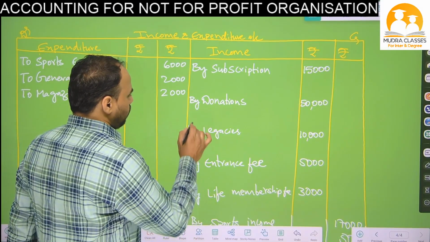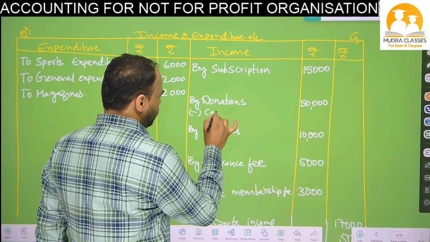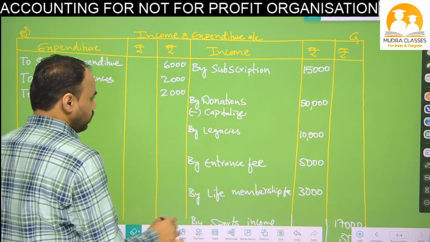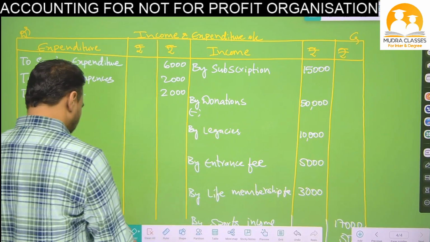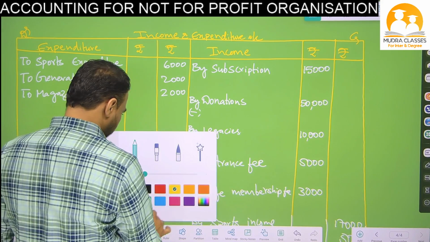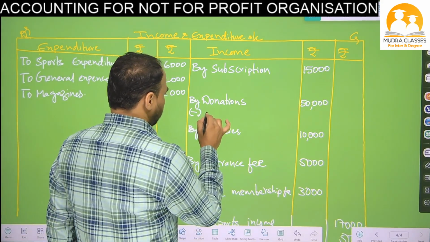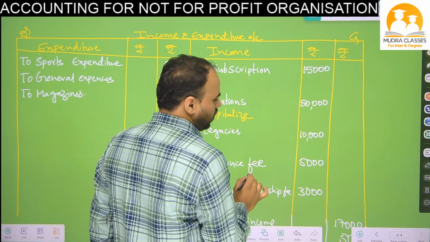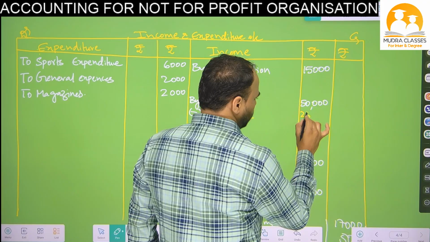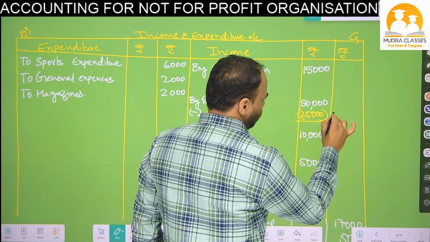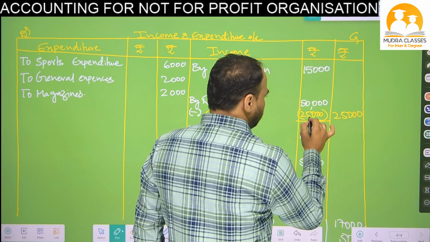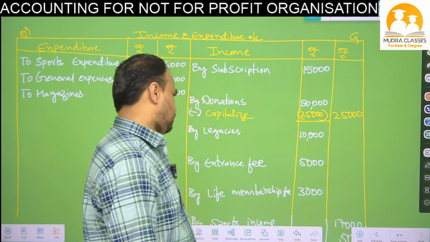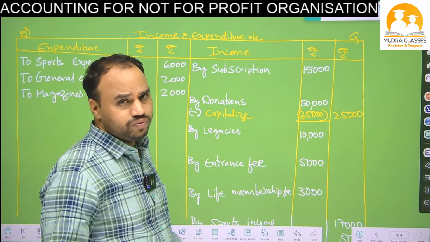Donation 50% said, so we have to write "less capitalize" here. 50% means, in 50,000, how much is 50 percent? 25,000 rupees we have to deduct here, and only 25,000 rupees we will write here. Whatever we deducted here, 25,000 rupees, we will write in the balance sheet liability side. In this question the balance sheet is not asked, so we are not preparing it.